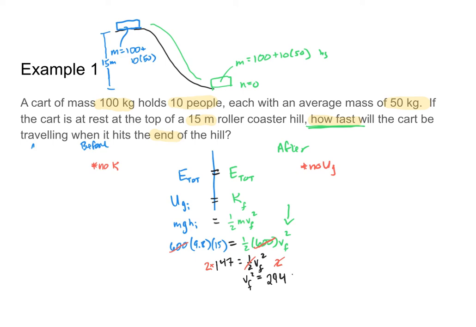Then it's a simple matter of taking the square root. So I'm going to again take the square root of both sides, which will get rid of my squared. And what I get is that V final is equal to the square root of 294, or approximately 17 meters per second. And there you have it, folks. I have finished solving through this problem.